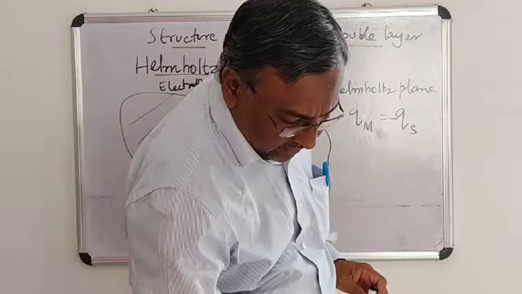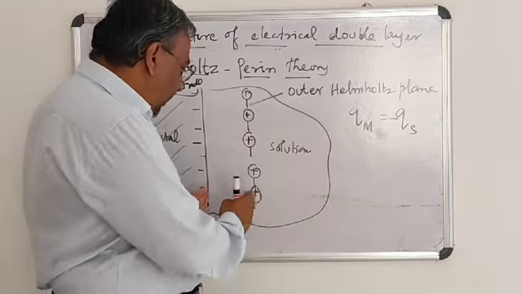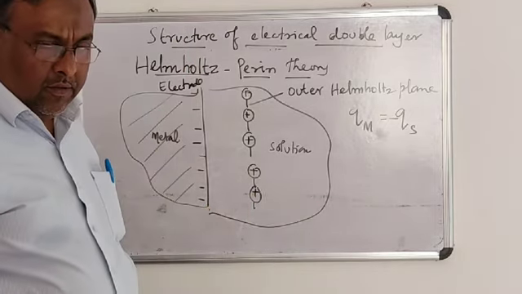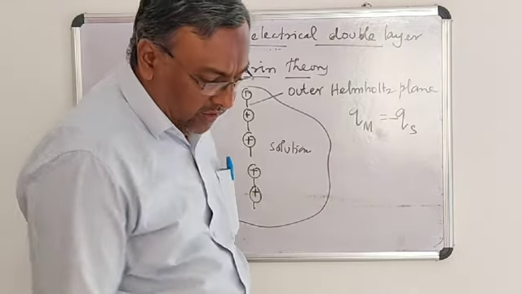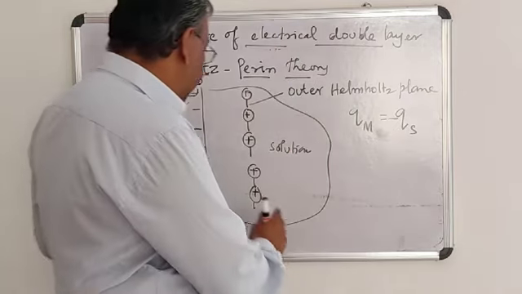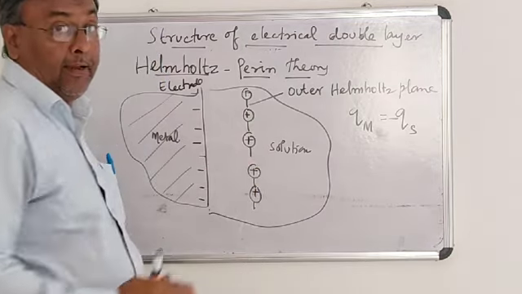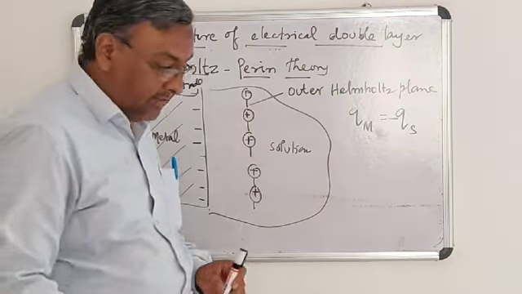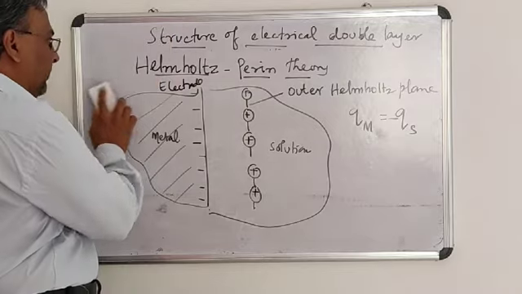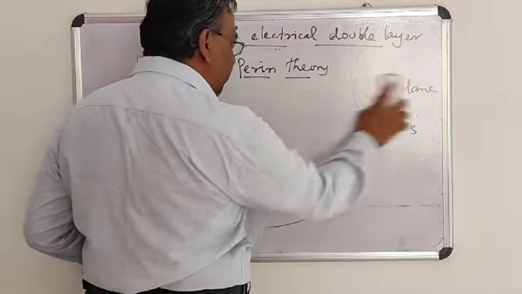See what happens? There is a potential drop between these two layers, and it is linear. It acts like a condenser. What is actually a condenser? A condenser, or capacitor, is made up of two metal plates.